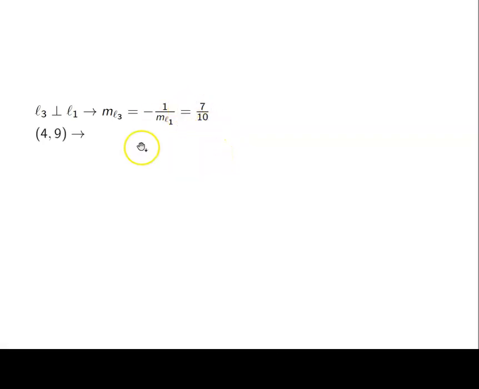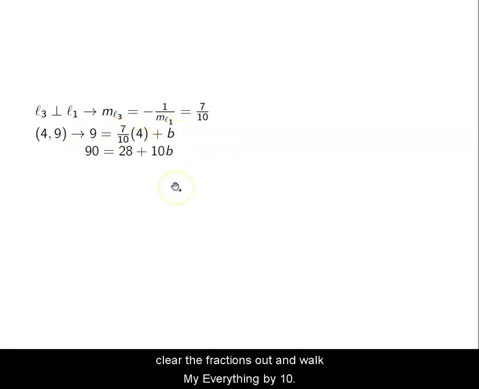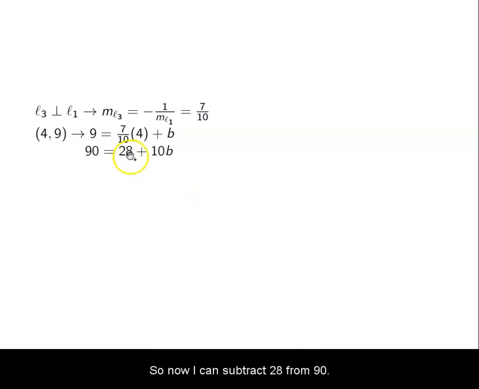Okay. I know that L3 also goes to this point. So I plug in my stuff. Y equals mx plus b. I'm going to solve for b. Let's clear the fractions out and multiply everything by 10. So now I can subtract 28 from 90. And that should give me 62. And then divide by 10 is 62 over 10.